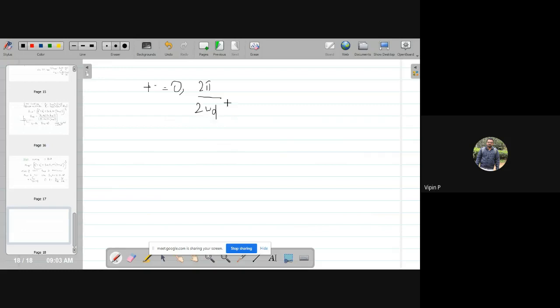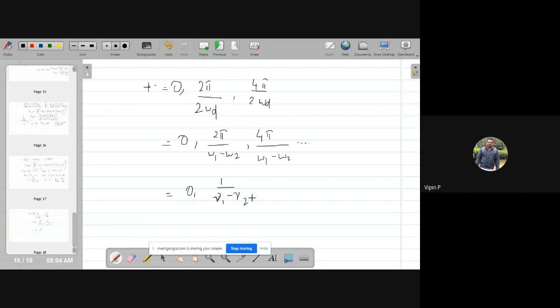2 omega d and 4 pi by 2 omega d, etc., which can be written as 0, 2 pi by omega 1 minus omega 2, and here also I'll have 2 there, so 4 pi by omega 1 minus omega 2, etc. And this can be written as 0, 1 by nu 1 minus nu 2, 2 by nu 1 minus nu 2, etc. Do you follow?